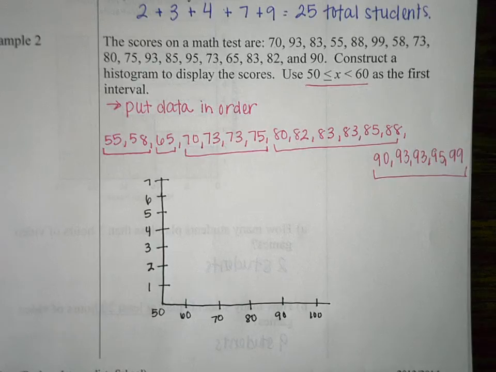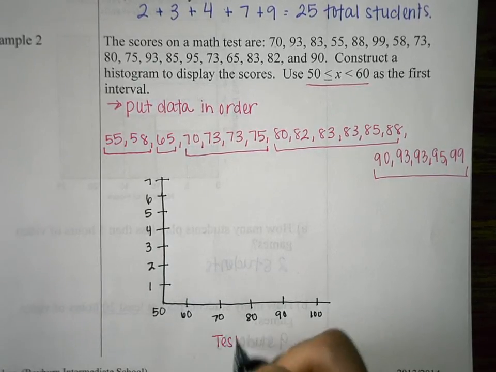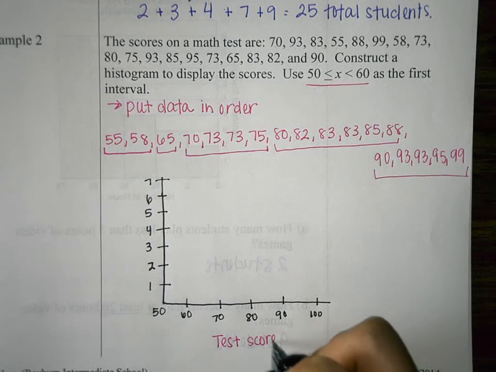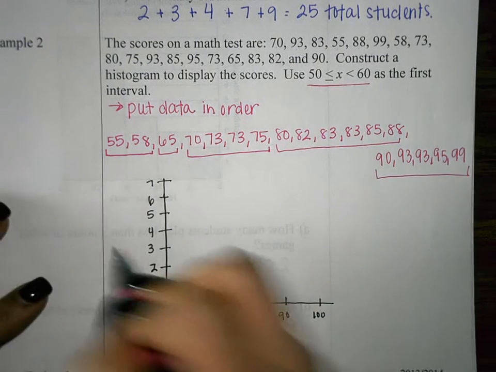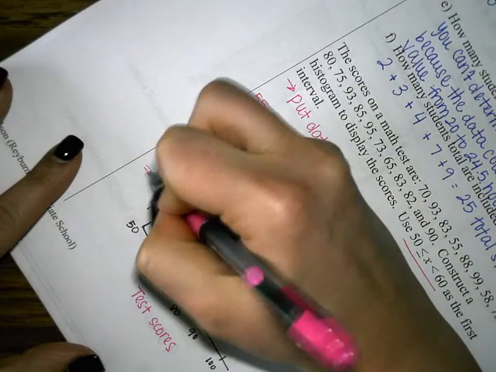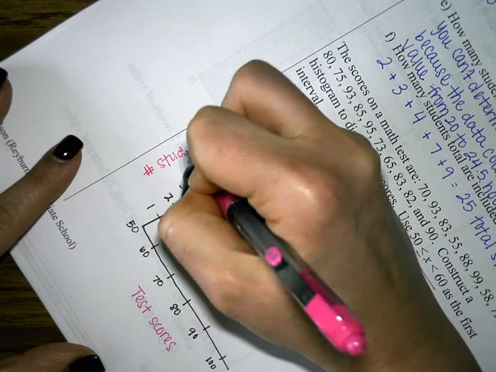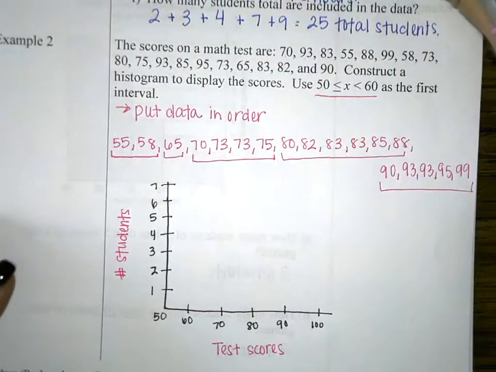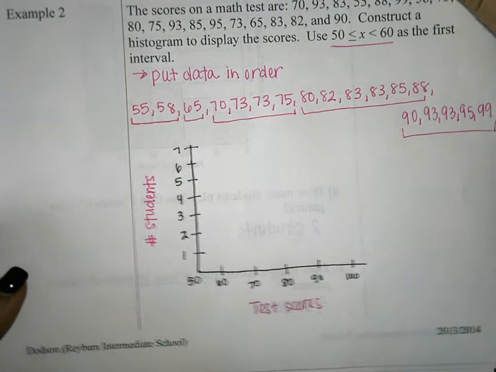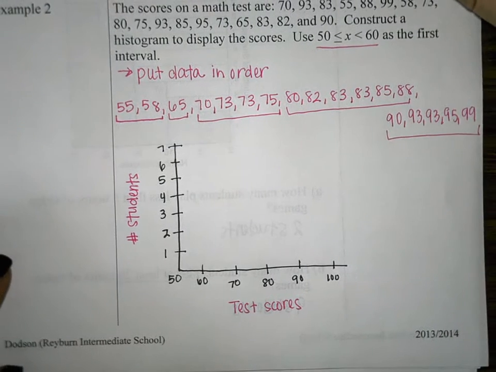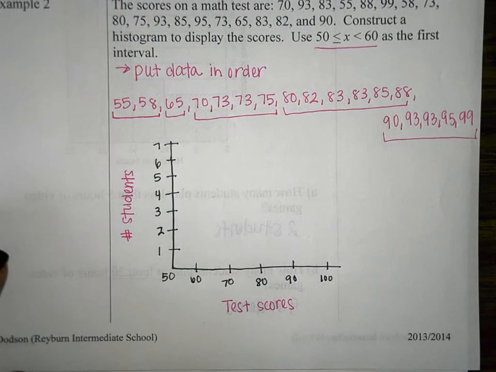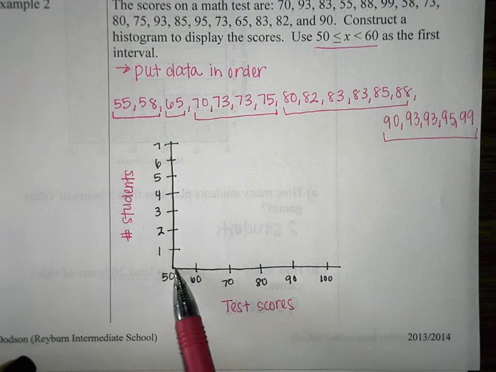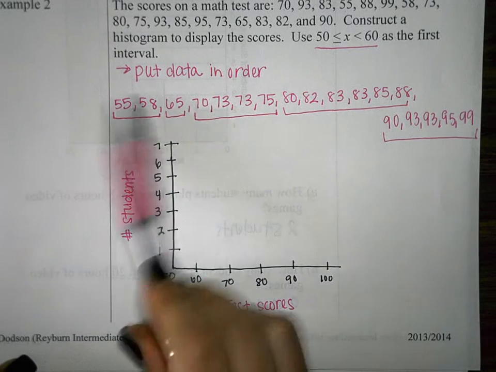So let's label our histogram. The x-axis is going to be our test scores, and the y-axis is going to be the number of students. So then the frequency of each bin is going to be however many students score within that range.